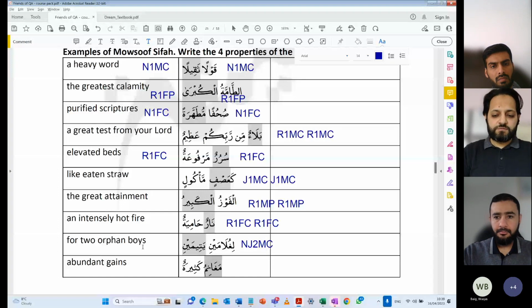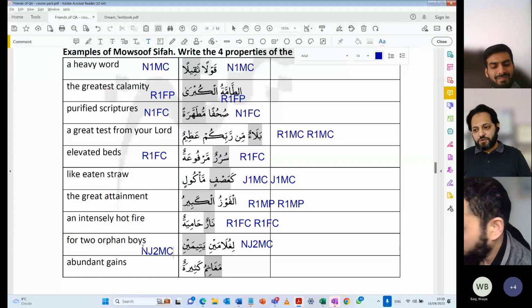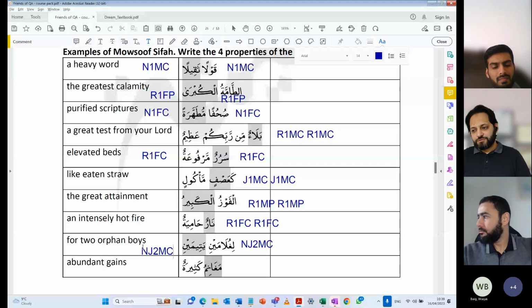Nasab or jar, pair, masculine, common. You see how structured the language is. Very mathematical. There is a logic to things. Of course, there are things completely illogical, like broken plurals. But still, those illogical things do have a logic to them in their own sense.